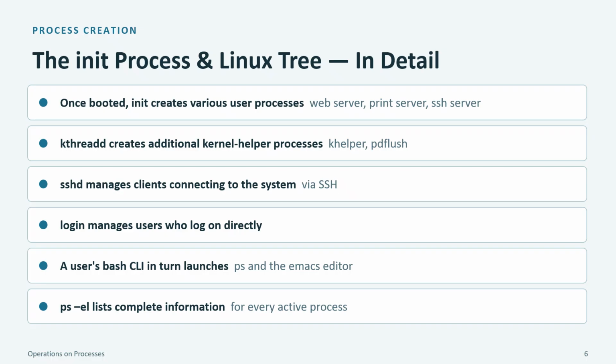When a user opens a command line interface, the bash shell may be running. From bash, the user can launch programs such as ps or an editor such as Emacs. The ps command is useful for viewing information about active processes. For example, ps -el can display detailed information about processes. So the main idea from this slide is that the Linux operating system maintains a hierarchical process structure.